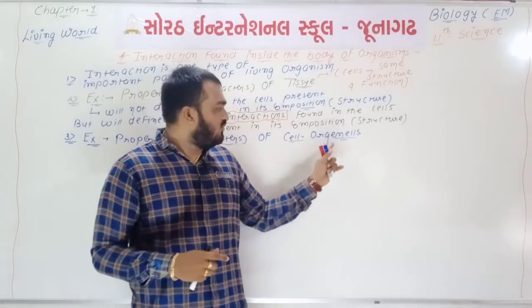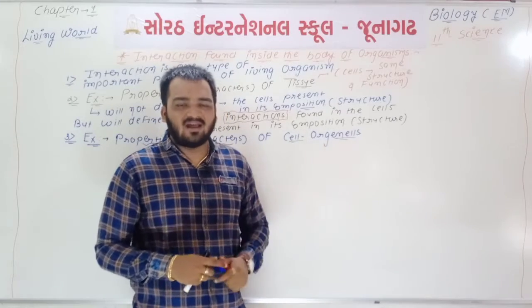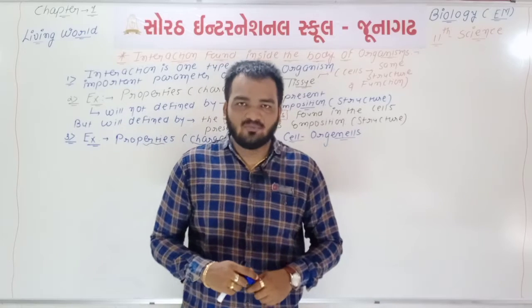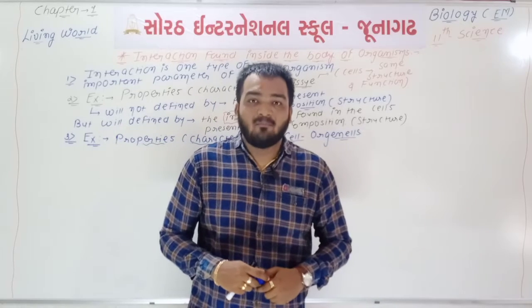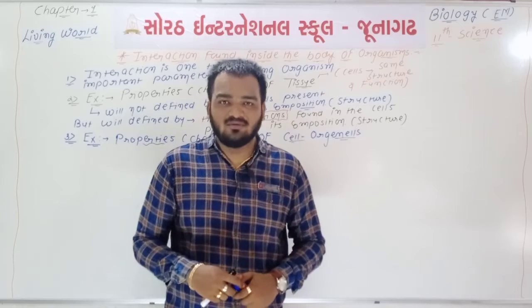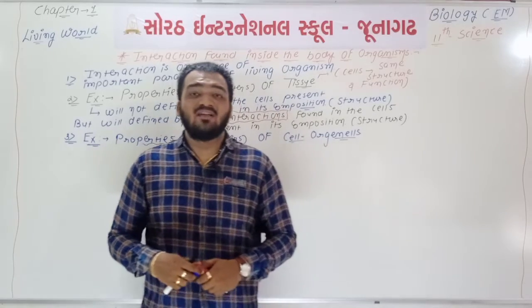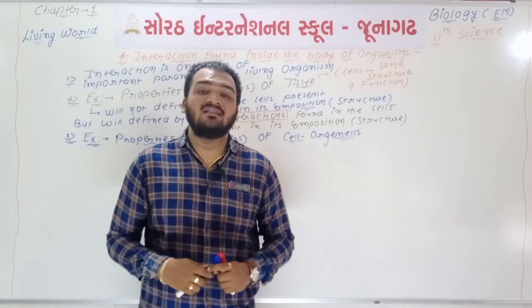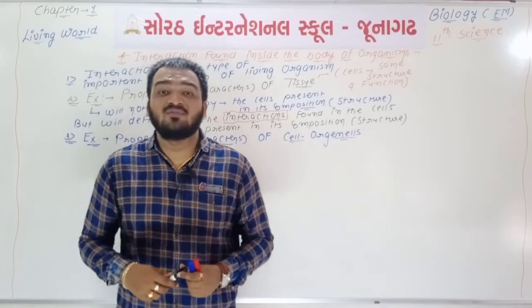Examples of cell organelles are ribosomes, lysosomes, peroxisomes, chlorophyll, mitochondria, vacuoles, vesicles, centrioles, as well as basal bodies.